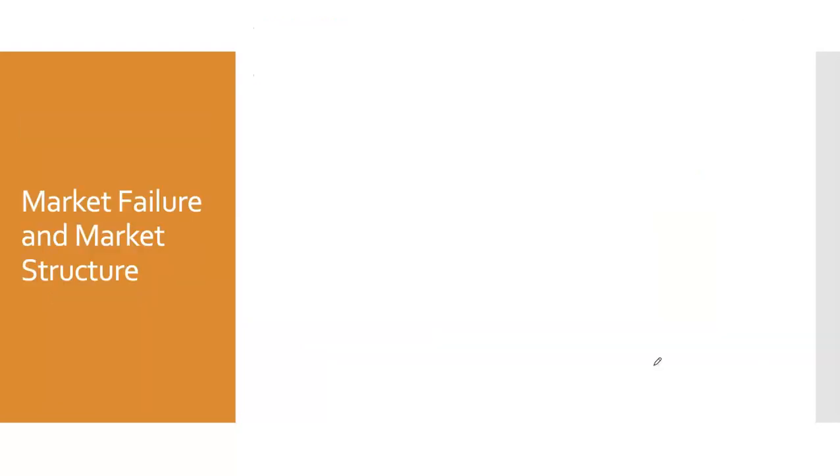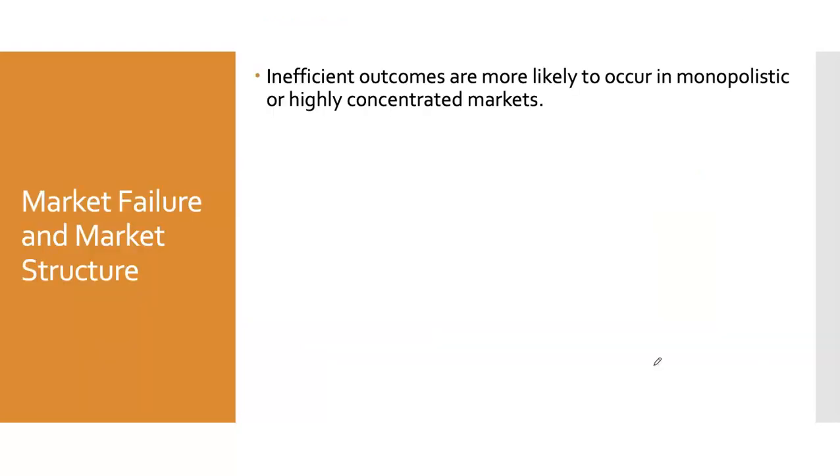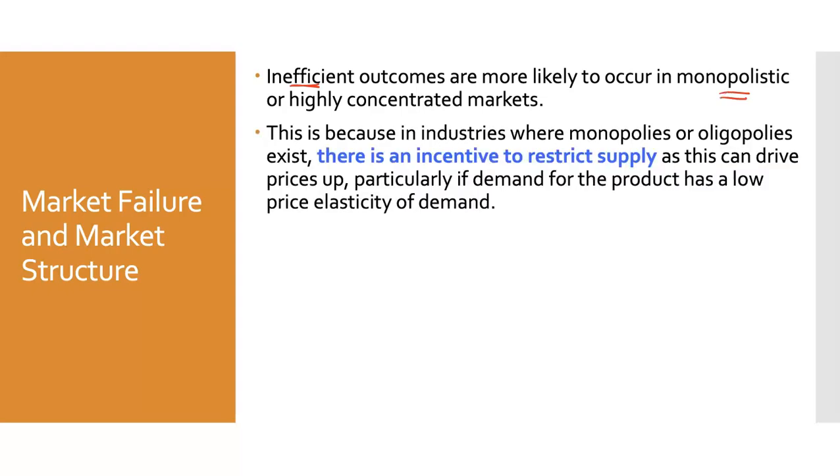So what do we mean by market failure and market structure? We're not talking too much about different market structures, but it's important to understand them briefly. We understand that inefficient outcomes or market failures are more likely to occur in non-perfect markets. They are more likely to occur in monopolistic or highly concentrated markets, maybe like a monopoly.